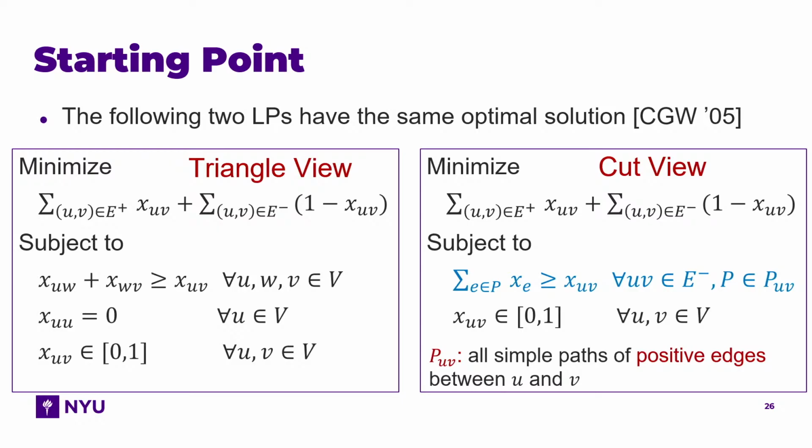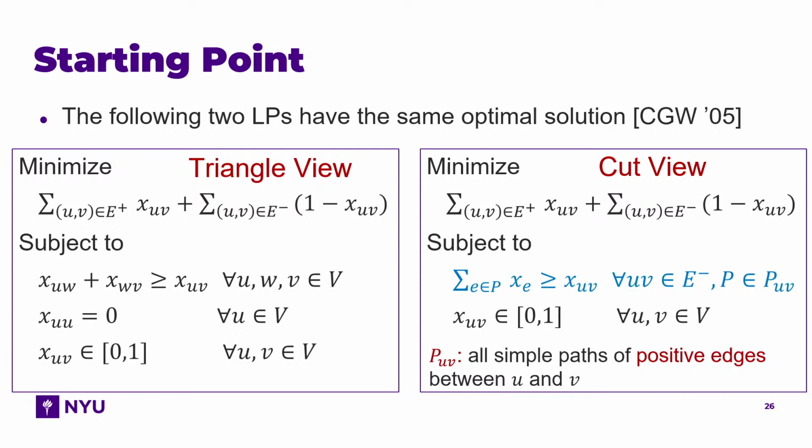So we call this cut. If we sum up the x value along arbitrary paths, then the cut value is at least the cut for u and v. Why is this a cut? If you choose to put the u, v edge in separate clusters, then we have to cut at least one of the positive edges along a path. That's the intuition, the cut.